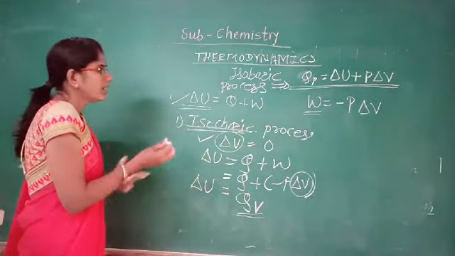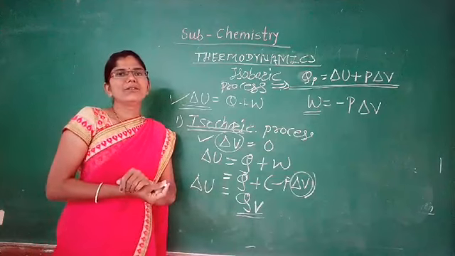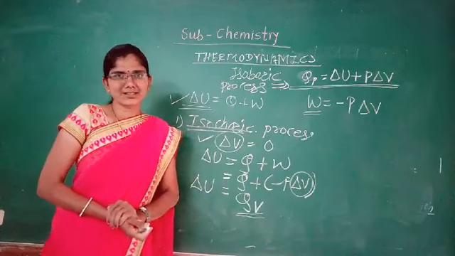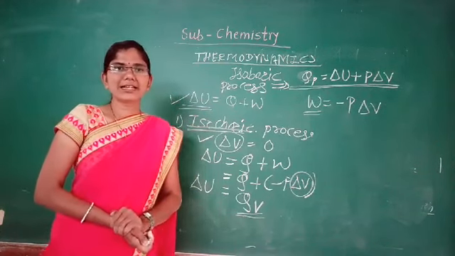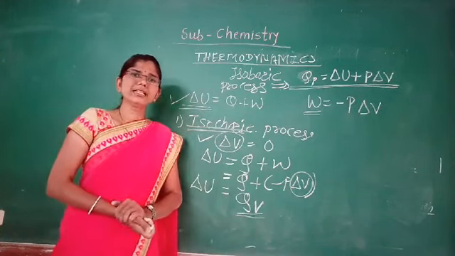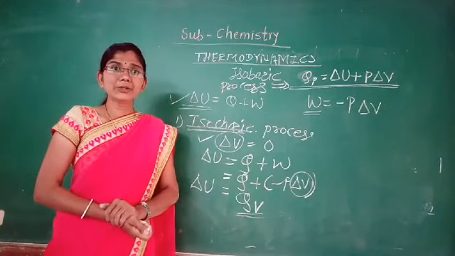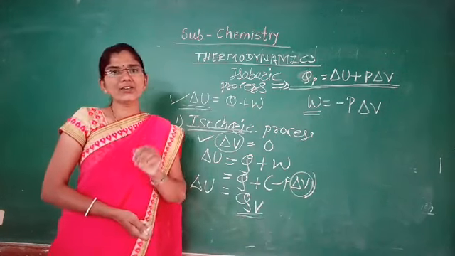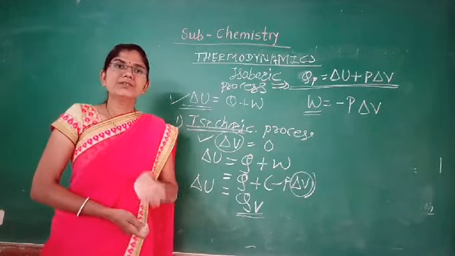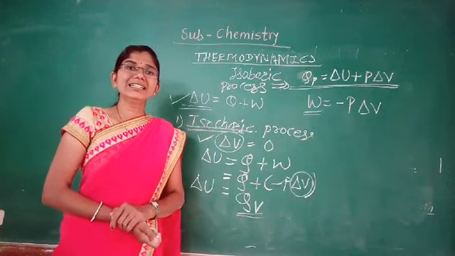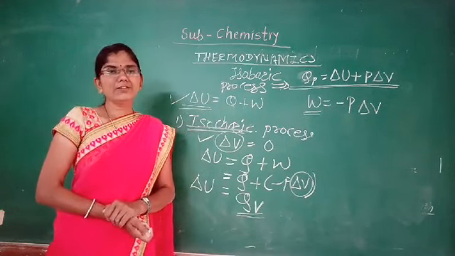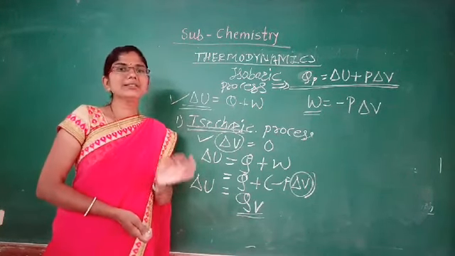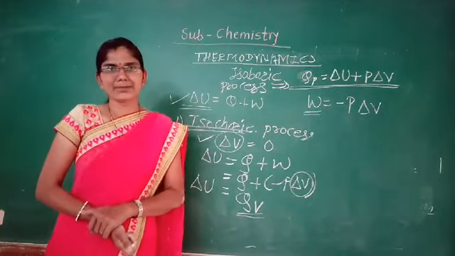As we know, up to this lecture we have studied three types of state functions. What is meant by a state function? Properties of a system whose value depends only on the current state of that system. That means it depends only on the initial state and final state of the system, and not on the path followed by that system.